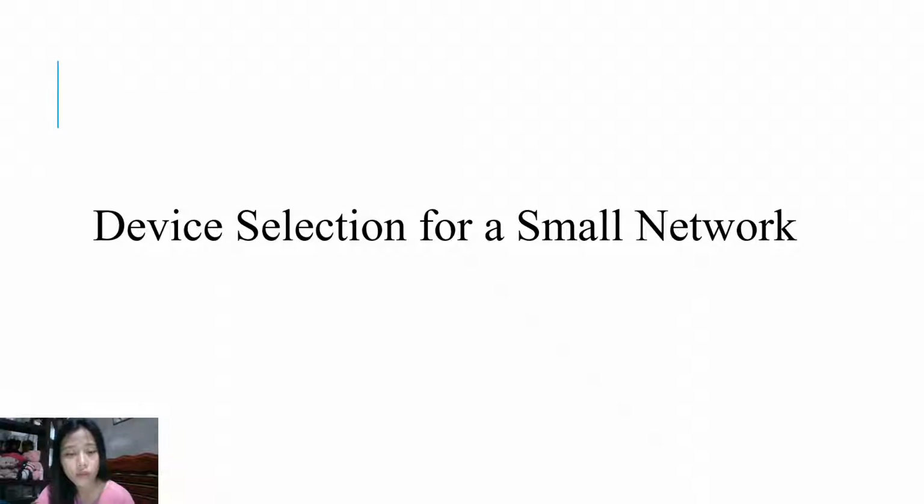So we have here the device selection for a small network. First, the cost. The cost of a switch or router is determined by its capacity and features.